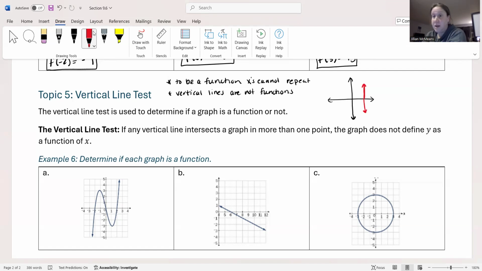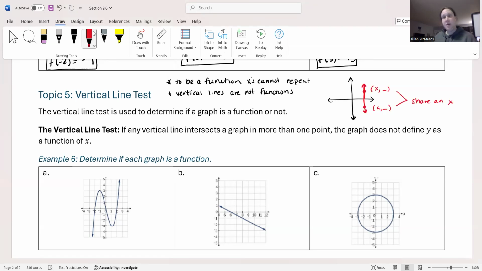All we need is an x to show up more than once. If an x shows up twice, it can't be a function. Let's take this point here and this point here. These two points share an x, and any other point on the graph is going to share that same x.